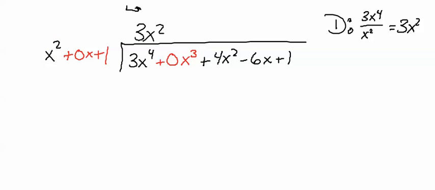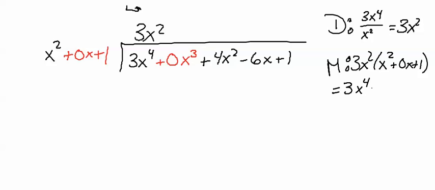And then you're going to multiply 3x squared by x squared plus 0x plus 1, and you get 3x to the 4th plus 0x cubed plus 3x squared, and that goes underneath.